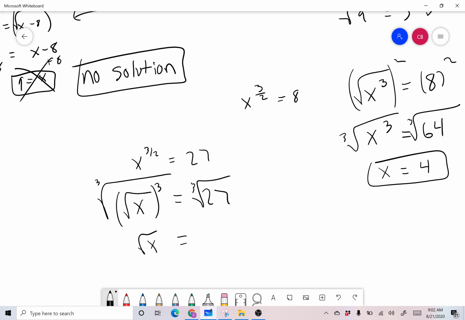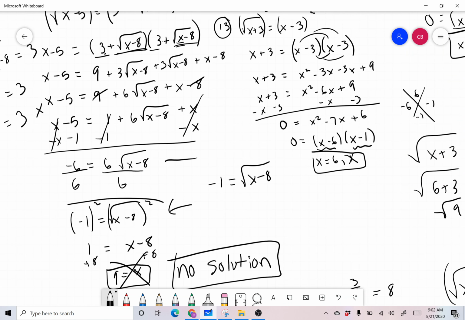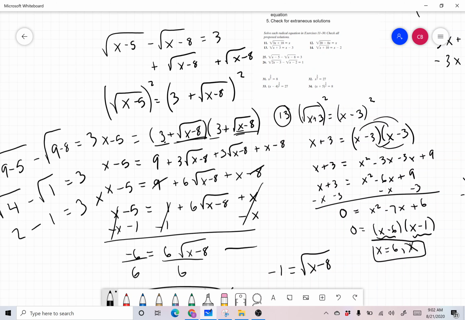The number that times itself 3 times is 27 is 3. And then I square both sides. x is equal to 9. In this case, you don't really have to check it, I don't think. But you might want to for good practice. Actually, these next ones I think you do.